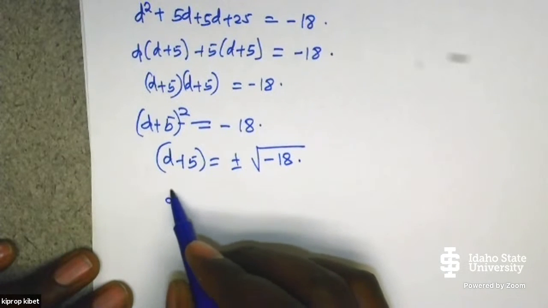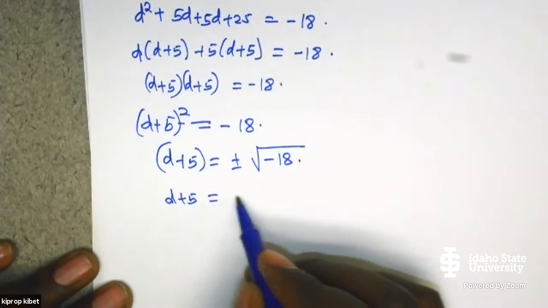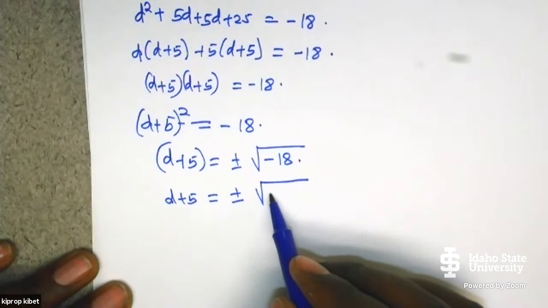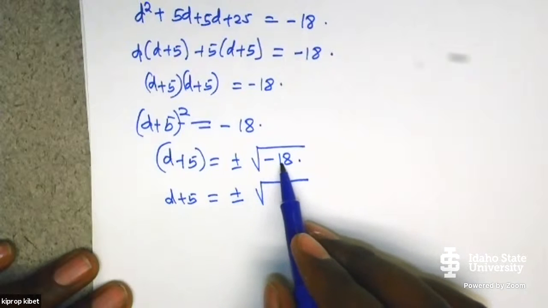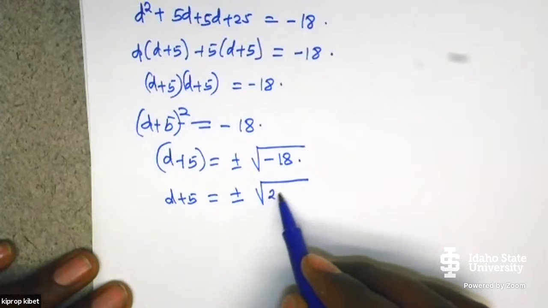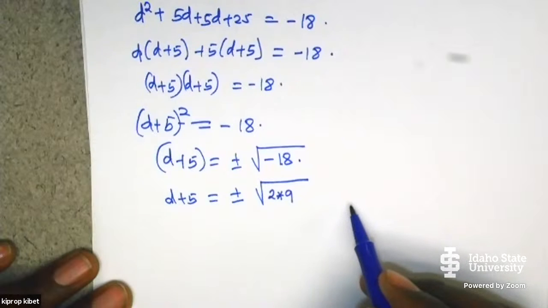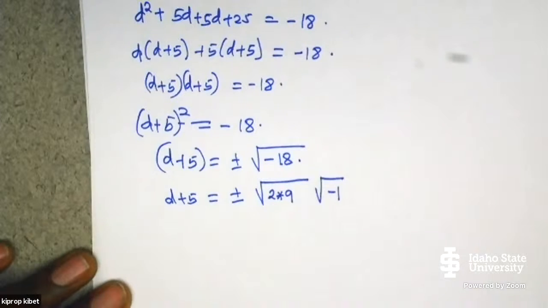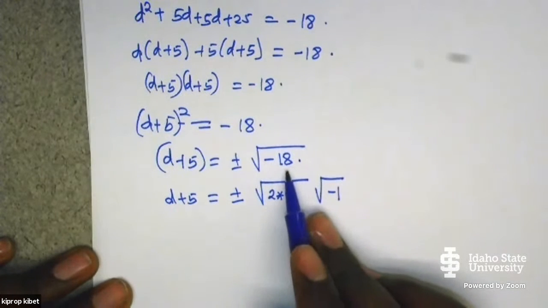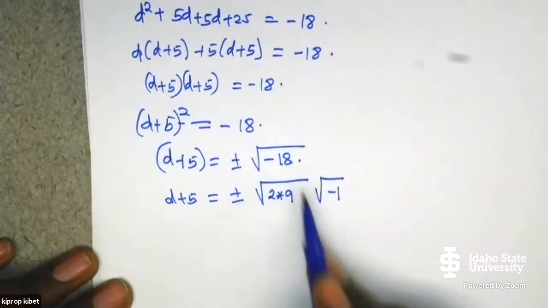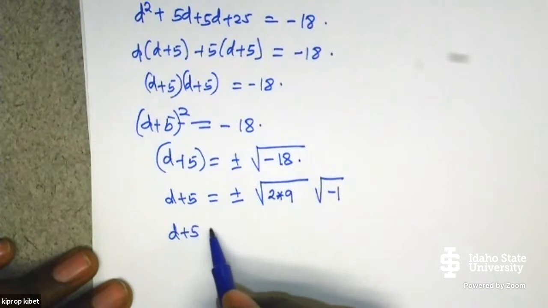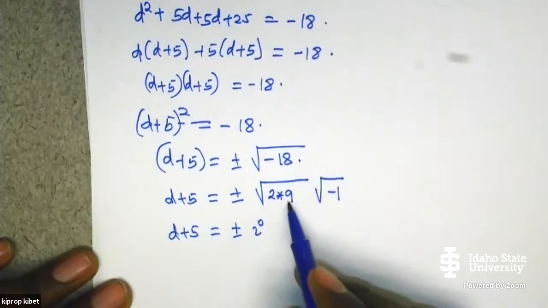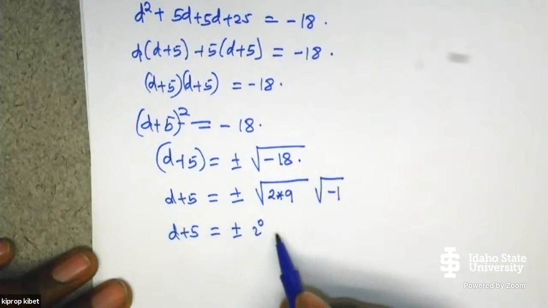So therefore, d plus 5 equals to plus or minus the square root of actually 2 multiplied by 9, right? 2 by 9 is 18, right? So therefore, d plus 5 equals to plus or minus i, the square root of 9 is 3.